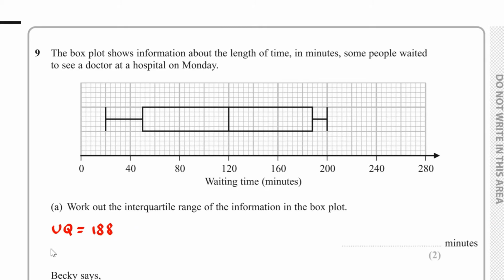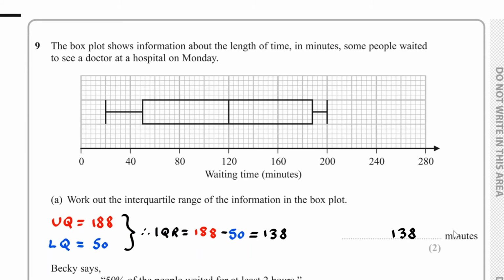We've got the lower quartile, which is 50, and so therefore the interquartile range is equal to the upper quartile 188 subtract the lower quartile of 50, which is 138. So we've got 138 minutes.